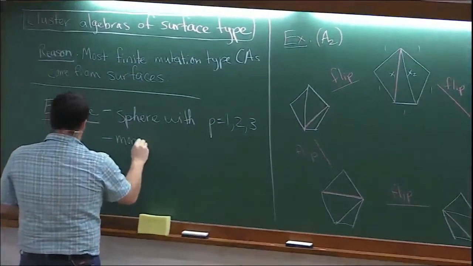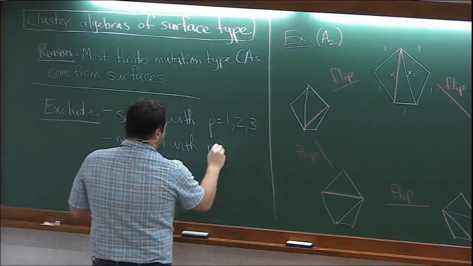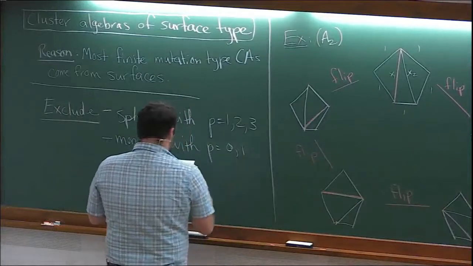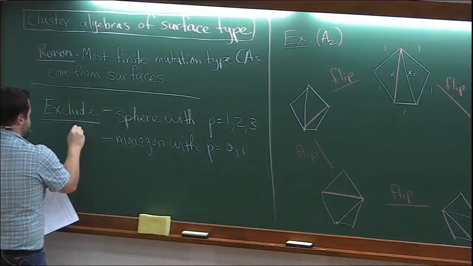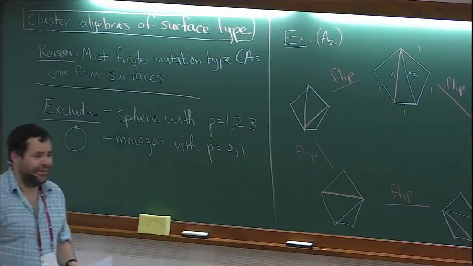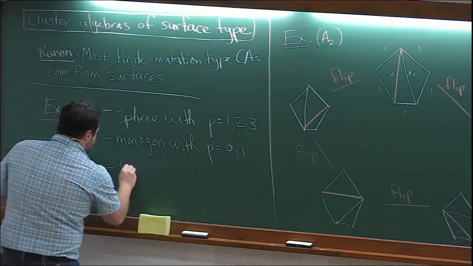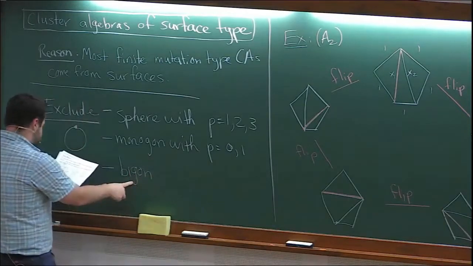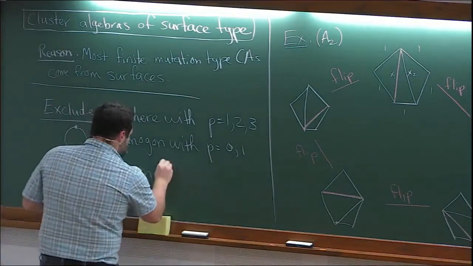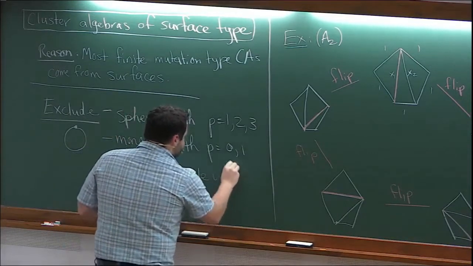I also want to exclude monogons with 1 puncture or 0 punctures. A monogon just means this, a one-sided thing. And I want to exclude bigons, 2-sided things, and triangles with no punctures in the middle.